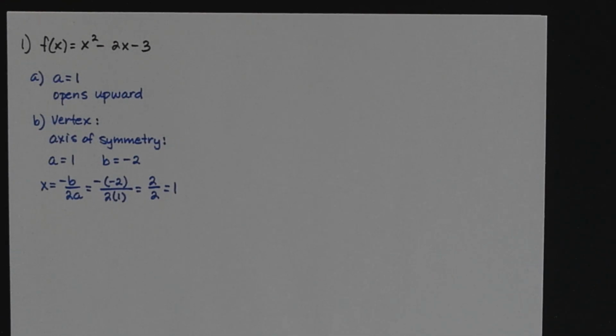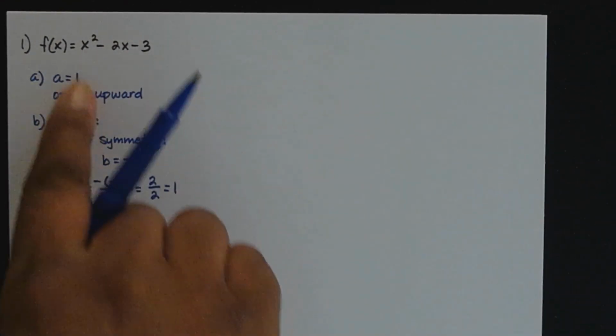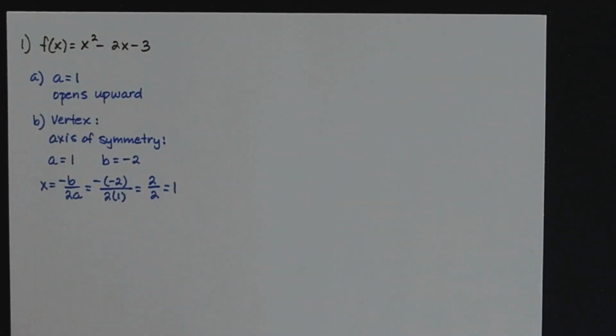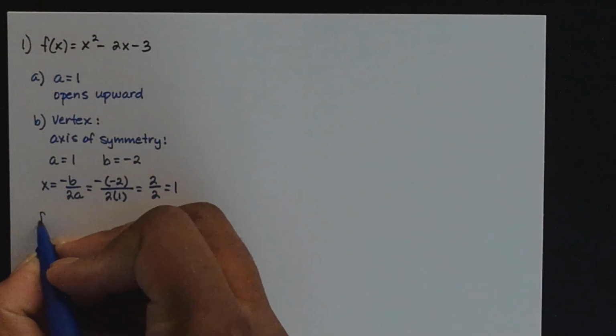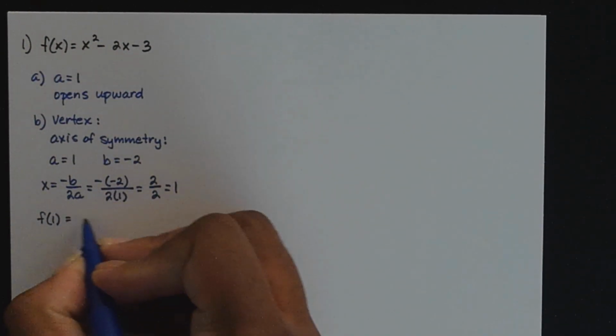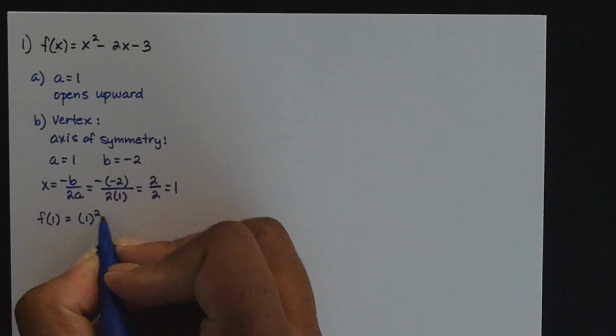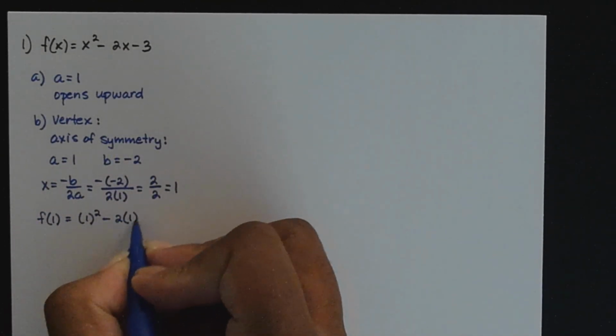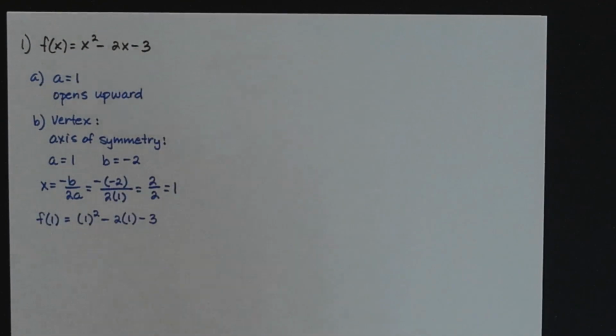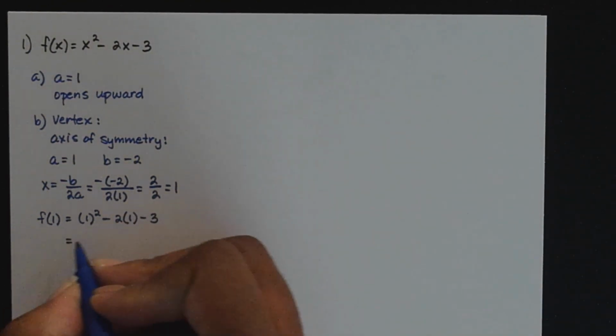Now to find the y-coordinate of the vertex, we just take x equals 1, substituted for the x in our f of x function. So we evaluate f of 1 by just replacing each x in that function with 1. So I have 1 squared minus 2 times 1 minus 3. And then we simplify.